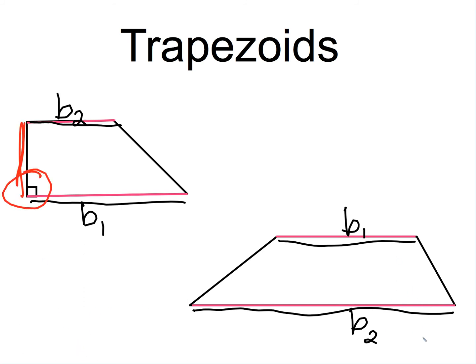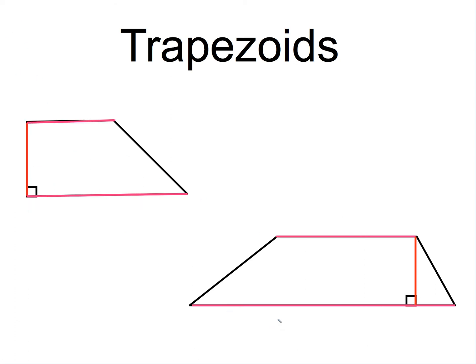But I don't see any line that meets at a 90-degree angle here, so I have to create one. So here would be the height for this trapezoid because it's meeting the two bases from top to bottom, those two parallel sides, at a 90-degree angle right there. Again, here's the height of this trapezoid because they're meeting at a 90-degree angle.